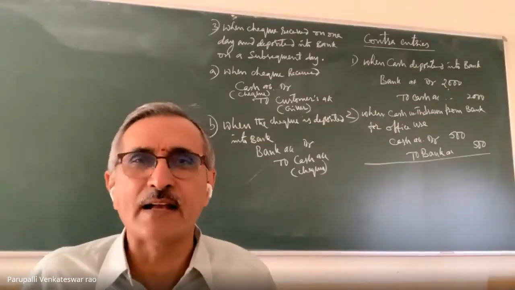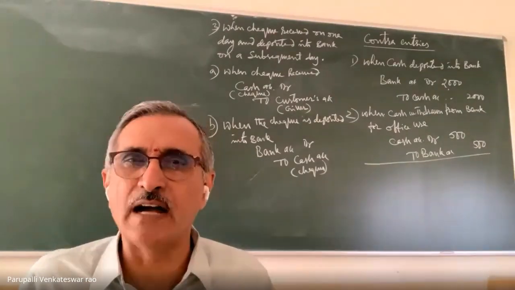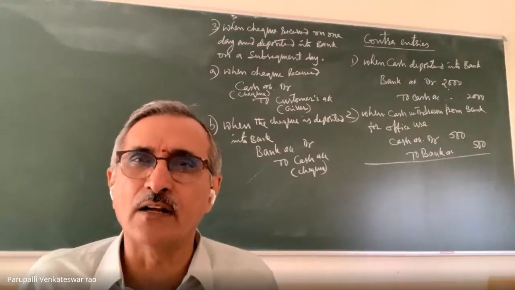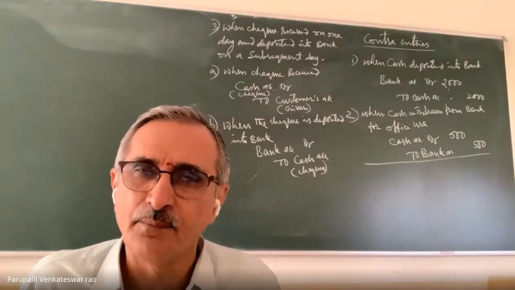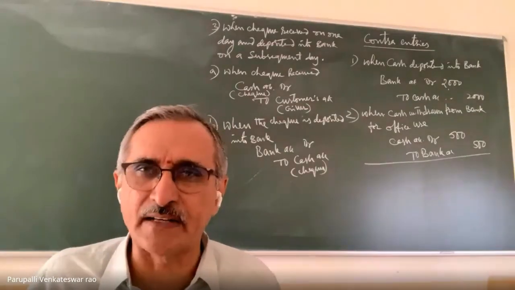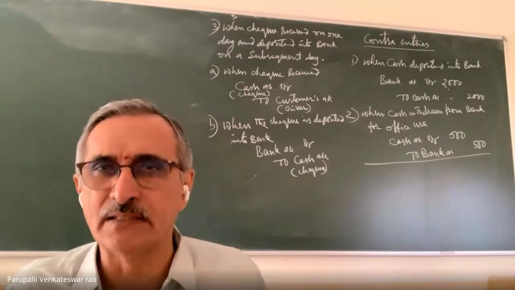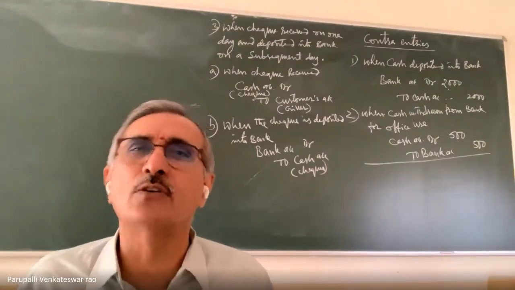Bank account is debit, cash account is credit. That's it. So it is a contra entry: cash account and bank account both are affected. One side cash account is affected, the other side bank account is affected. ఇంకోటి కూడా రాసుకోండి.